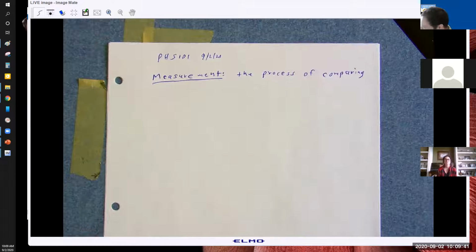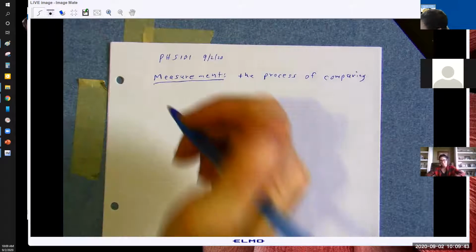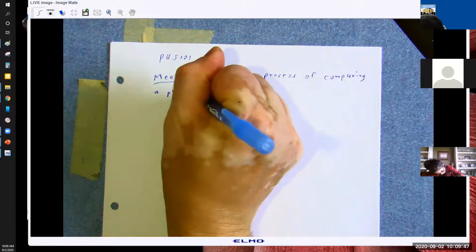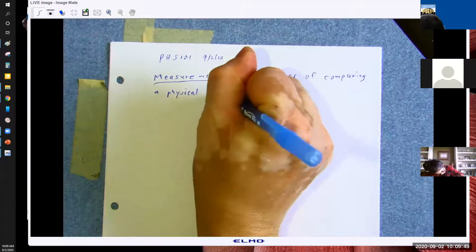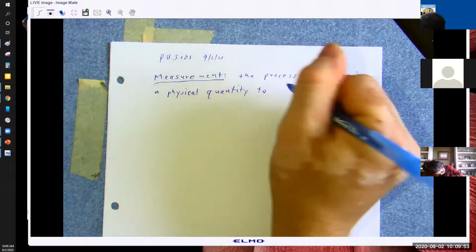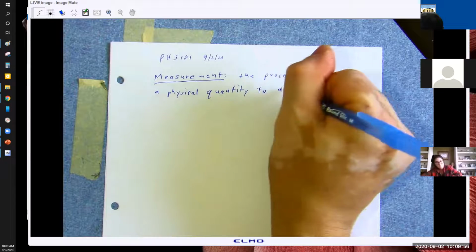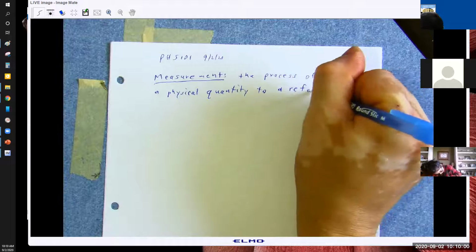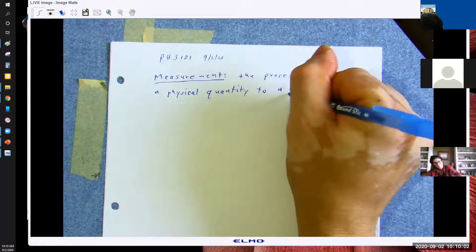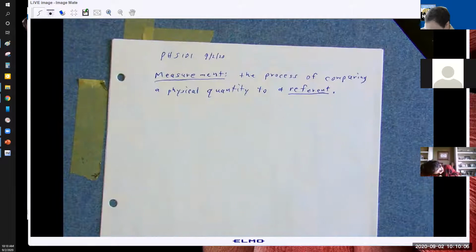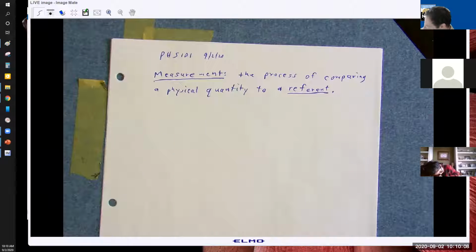Okay, so measurement is the process of comparing a physical quantity to a referent. That's a referent. And if you can't read my writing, you're probably not the only one, so ask me what's that letter or what's that word.